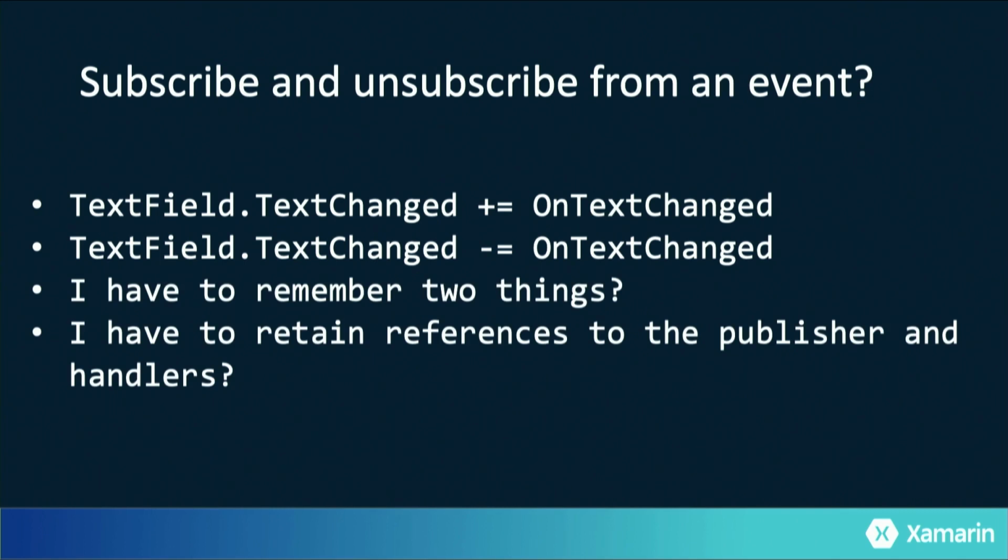Anytime you have to remember to do more than one thing, you're going to fail, usually, in programming. Plus, you have to retain your references to everything. So in order to do that second one, you need everything that's in your first one to do everything in your second one. Like you have to maintain those ideas. So in general, event management is just messy. It's not the cleanest type of operation.